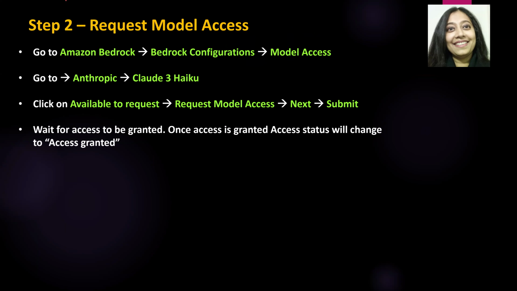Step 2. In step 2, we need to request access to our model. So we will go to Amazon Bedrock, go to Bedrock configurations, and then go to model access. And then we will request access for Anthropic Claude 3 Haiku model. Now, of course, if you want to use some other model, you're more than welcome to do that. I'm using this model for this particular lab.